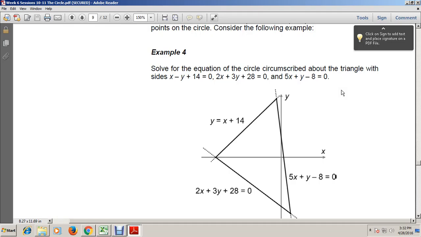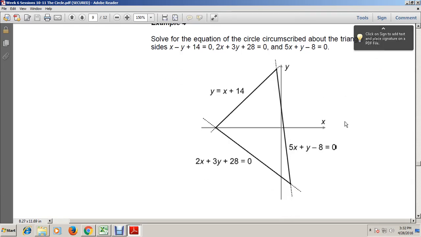The first equation is x minus y plus 14 is equal to 0, which is this line. Equation number 2 is 2x plus 3y plus 28 is equal to 0. That line is this one. Next is the third equation. You have 5x plus y minus 8 is equal to 0. That line here is this one.